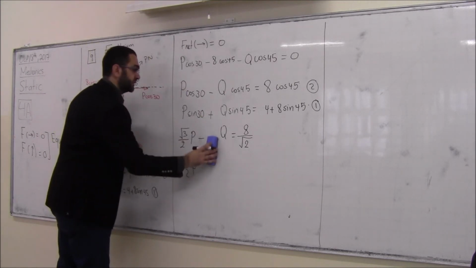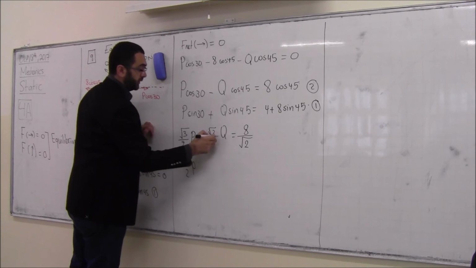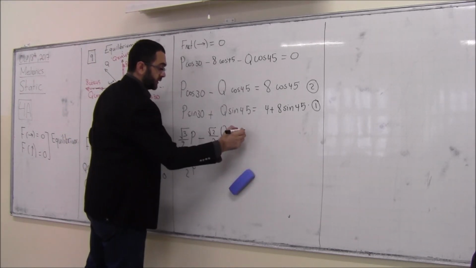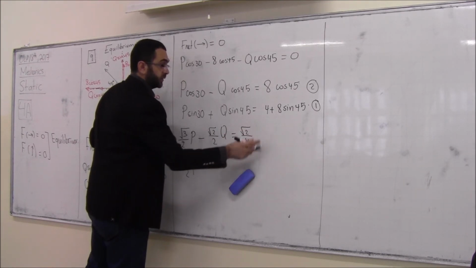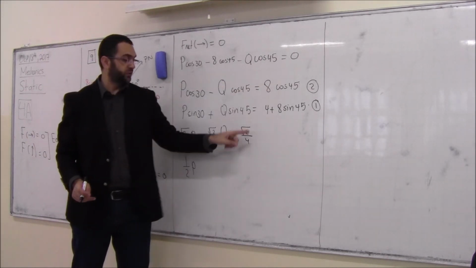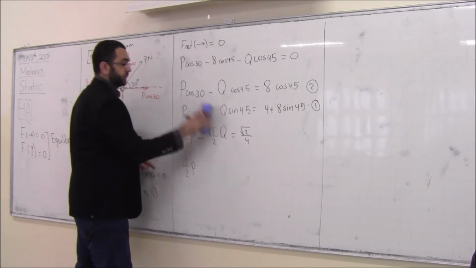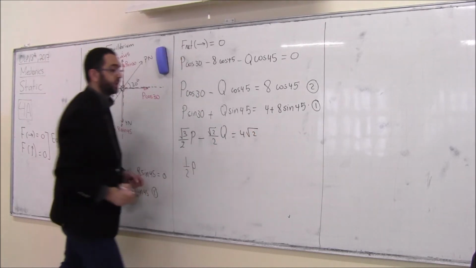Here it becomes over 4. If you multiply 8 cosine 45, we get 4 root 2.